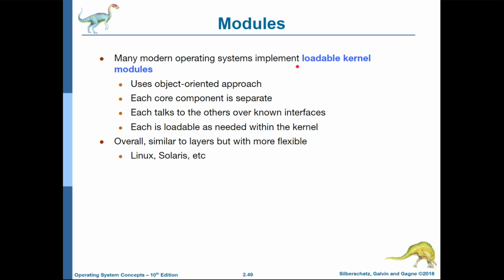As functionality is needed, a kernel module, or a loadable kernel module, will be put into memory, and then the kernel will send operations to that. It's kind of an object-oriented approach to working with operating system functionality.